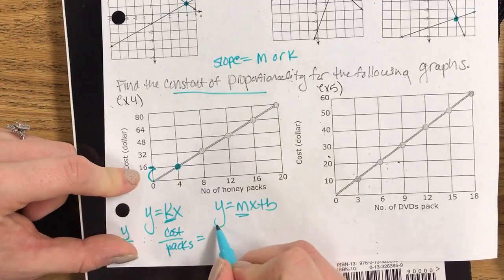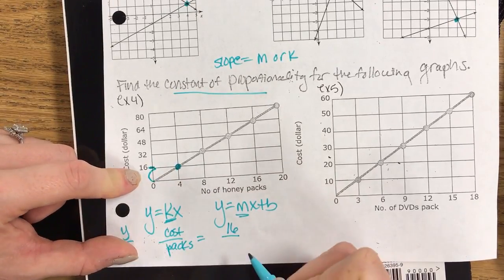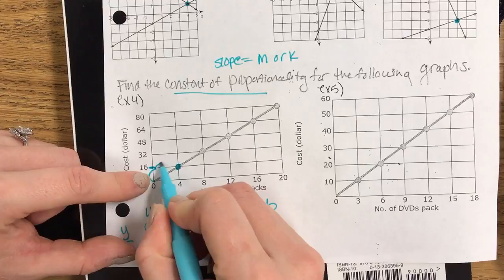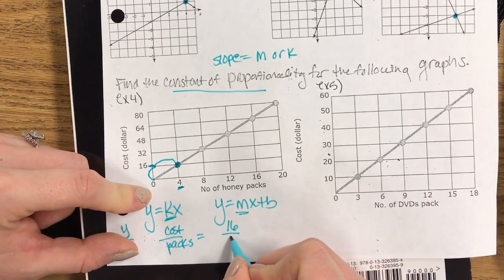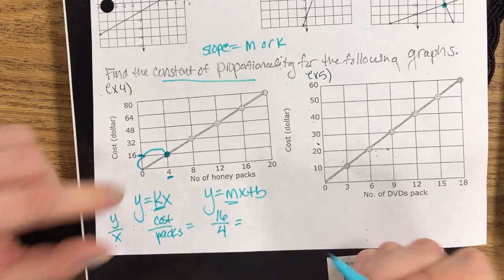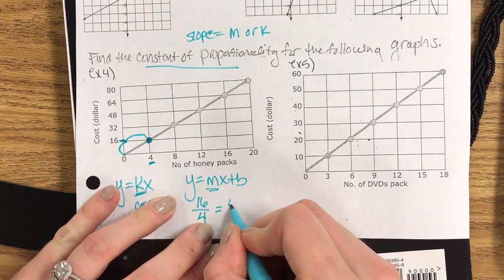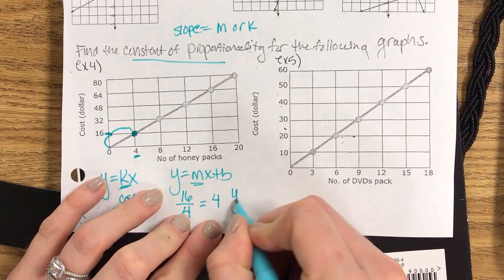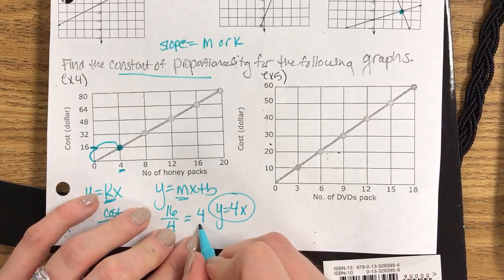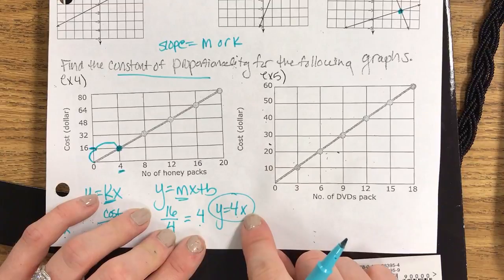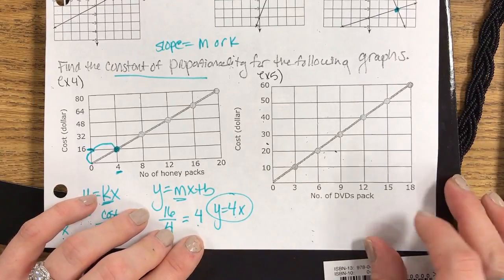I'm at 16. So my change in y is 16. My change in x is also 1 square, but what is that x value? It's 4. Okay, so 16 divided by 4 is 4. So y equals 4x. So 4 is my constant proportionality. If I wrote it as an equation, it would look like that.